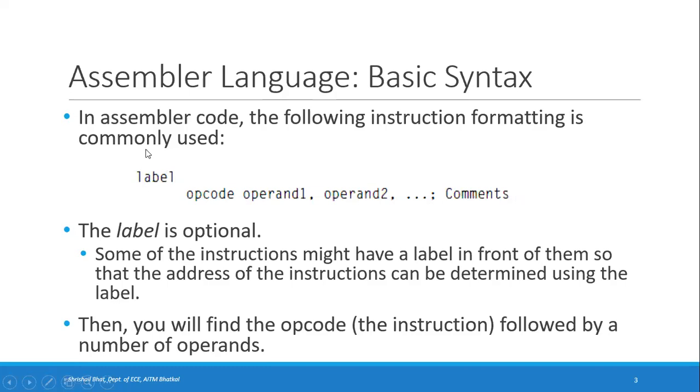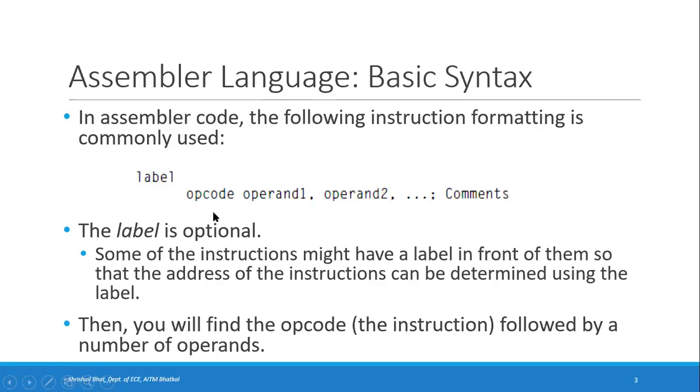When the code is compiled, when it is converted into machine language, these labels will be replaced with their addresses. Wherever a particular line of code lies, it will have a particular address, right? That address is indicated by a label here, and the label will be replaced by its address whenever you convert this code into machine language.